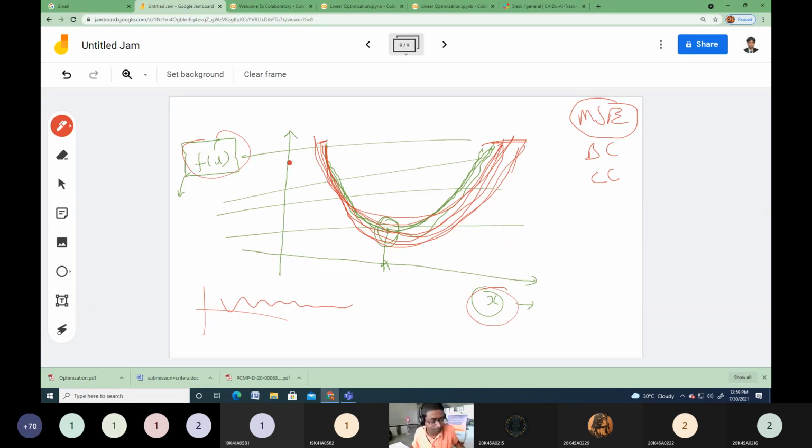My statement is: if your objective function is a convex function, then your global optimum is not equal to local optimum. Is the statement true or false? False. Why? Both are the same, there is only one global optimum and local.